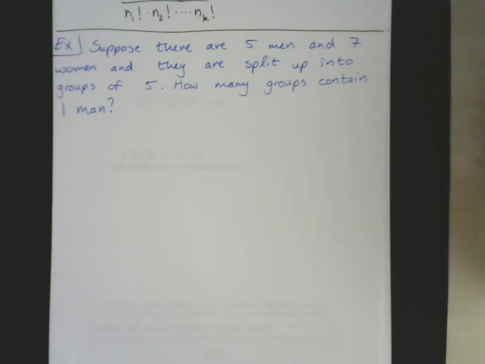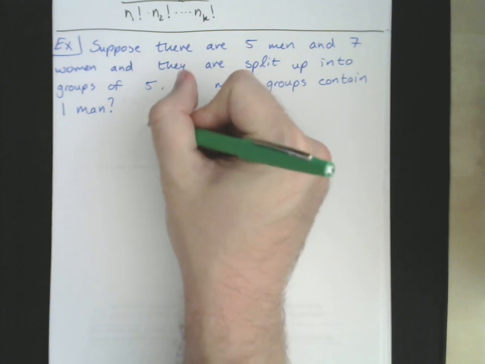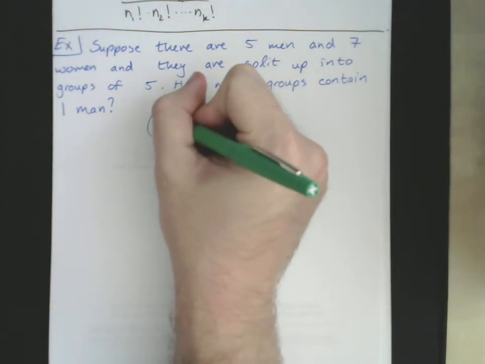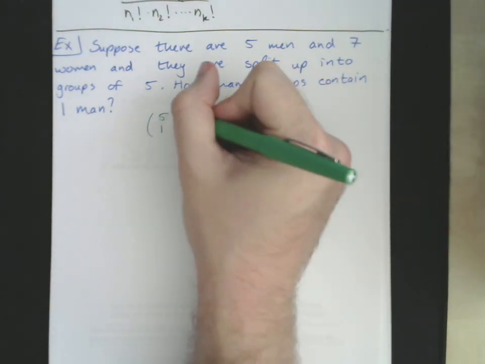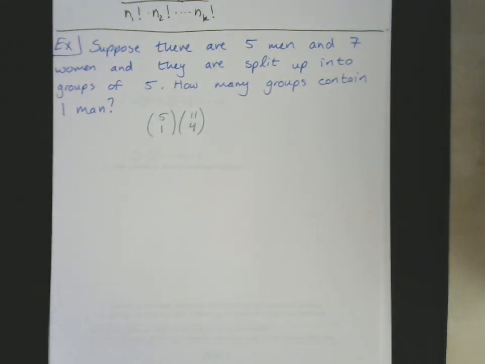So here's the issue that arises. Most people think, okay, I have 5 men, I can choose 1, and then it doesn't matter out of the remaining 11 people how many I choose because I have 1 man.